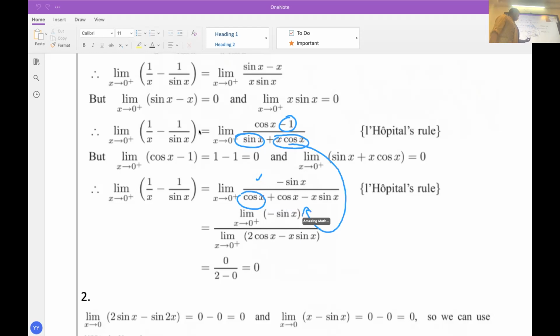Luckily at this stage, you're getting 0 by 2, which is nothing but 0. So this is just a glimpse of the L'Hopital rule, and I hope it is clear to you all.